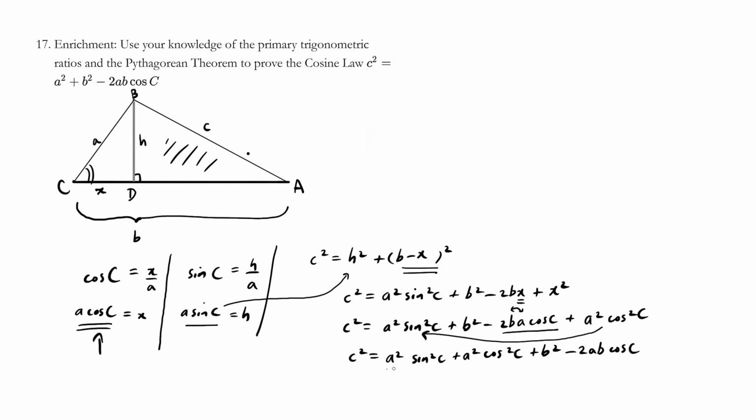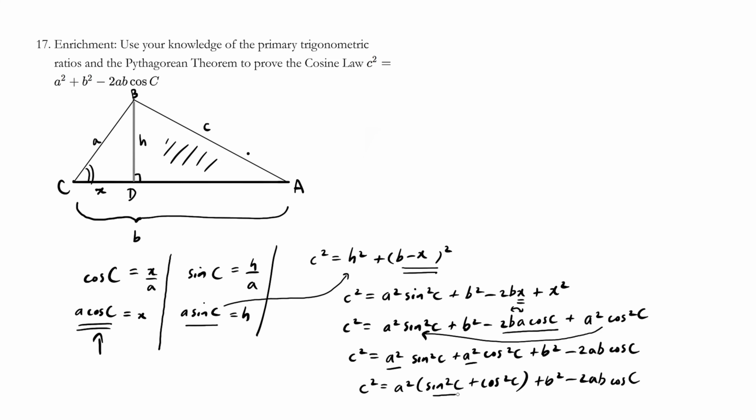Now we're going to factor out a squared. c squared equals a squared times sine squared c plus cosine squared c, plus b squared minus 2ab cosine of c.